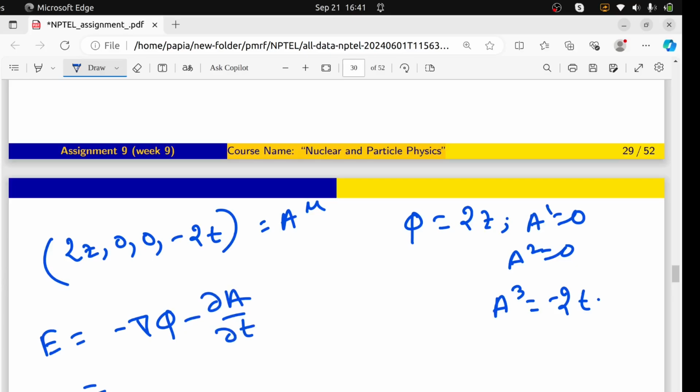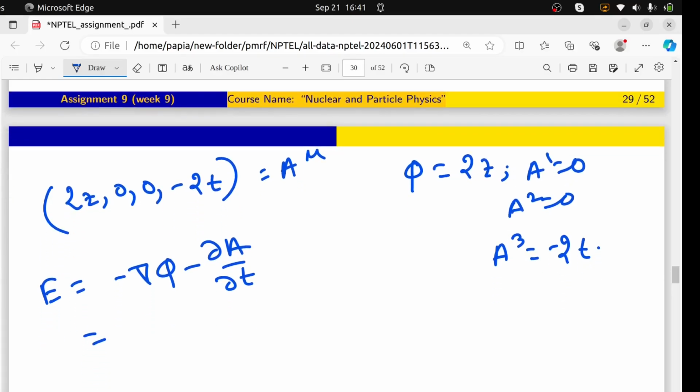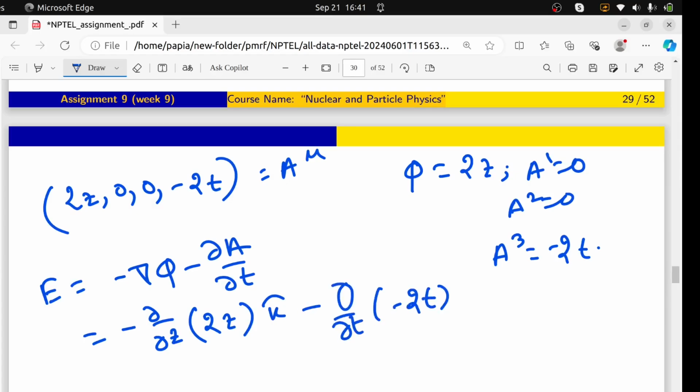Now grad φ, so E is minus ∂/∂z of 2z k cap, minus ∂/∂t of minus 2t, and obviously since it is A3 there will be a k cap, so it will be minus 2 k cap plus 2 k cap, right?